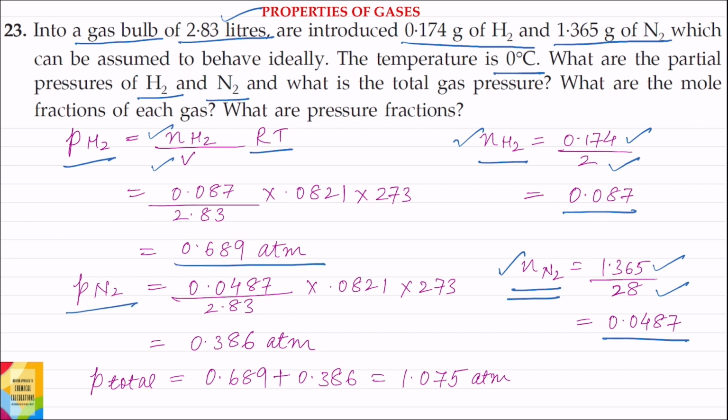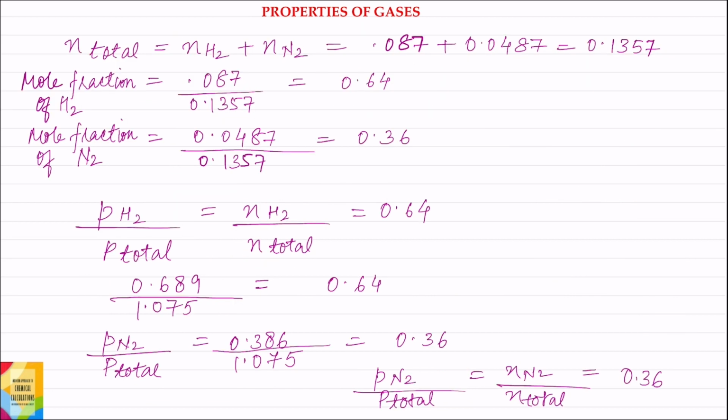Similarly, partial pressure of nitrogen will be equal to moles of nitrogen divided by volume of nitrogen into R into T. Putting the values and solving, partial pressure of nitrogen will be equal to 0.386 atmosphere. Now total pressure. Total pressure will be equal to sum of the partial pressure of hydrogen and partial pressure of nitrogen, which is equal to 1.075 atmosphere.